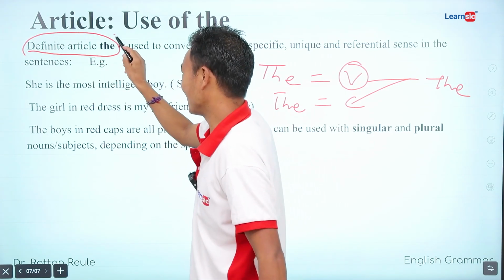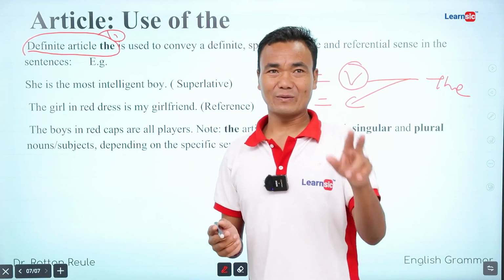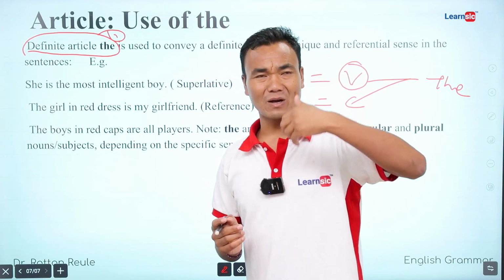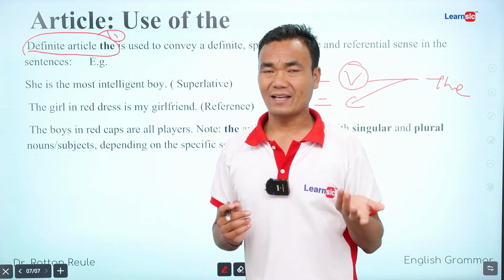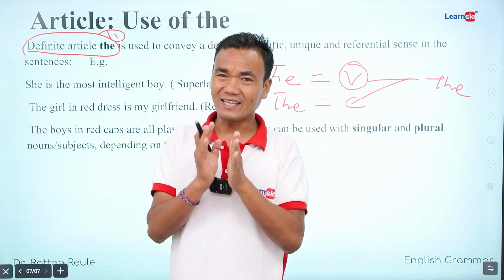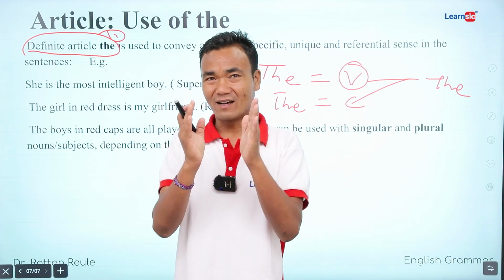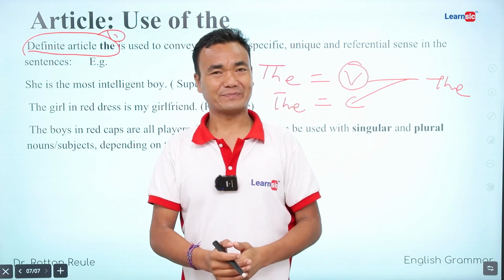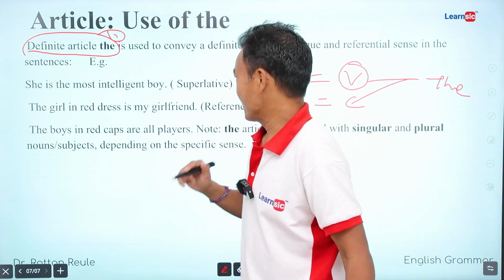Point number one, point of learning. And I have taught you the reason behind pronouncing it in two different manners, like "thuh" and "thee": before a consonant, the girl, and before a vowel sound, the engineer. Clear.